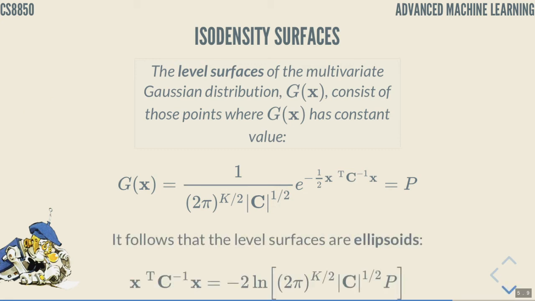And it follows that level surfaces are ellipsoids, because if we equate Gaussian density to some constant and then take a log and rearrange, we will see that those level surfaces are described by a quadratic form where the right hand side is a constant.